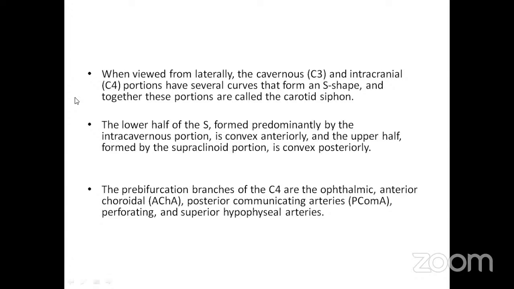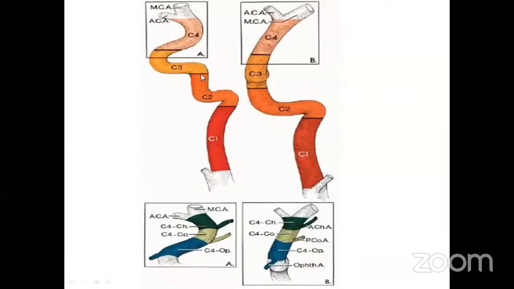The lower half of the S is formed by the intracavernous portion as seen in this diagram. This is the S-shaped structure. The lower part is formed by C3 and it is convex anteriorly, and the upper part of the S is formed by C4 and it is convex posteriorly.